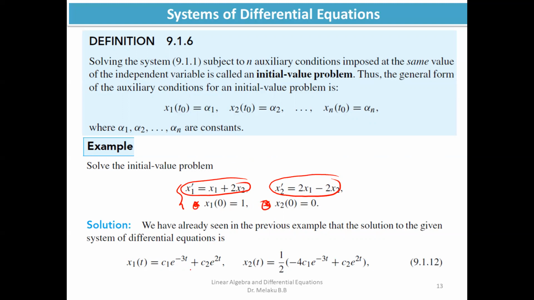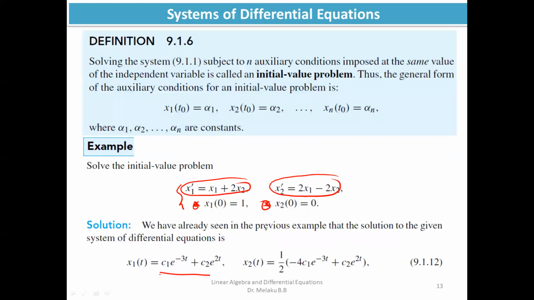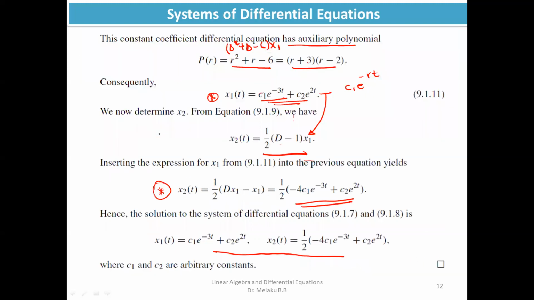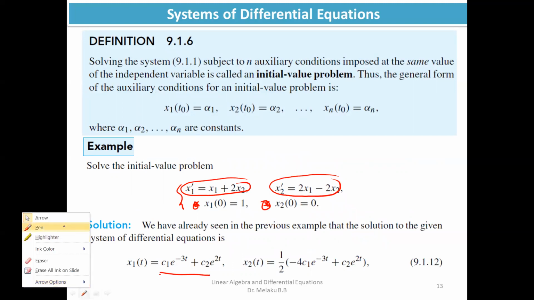We already know that this is a solution, you can refer back here. But in this case, c1 and c2 were arbitrary constants. Now we can determine exactly what c1 and c2 are.